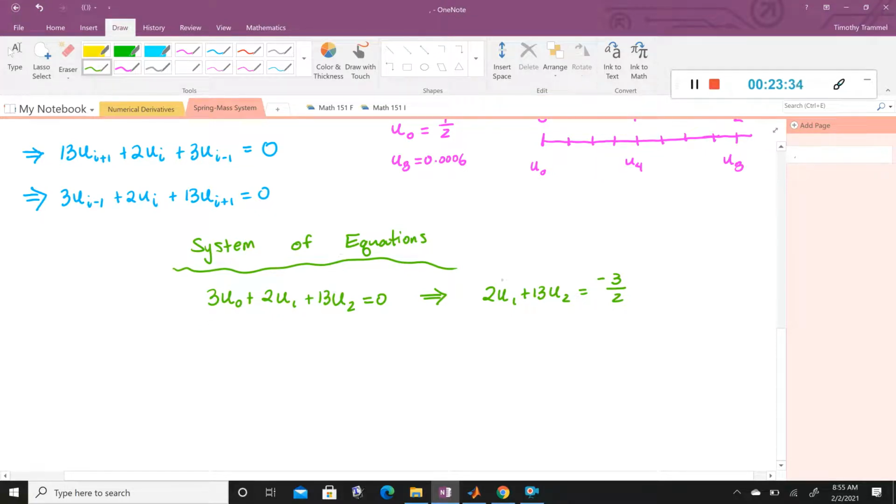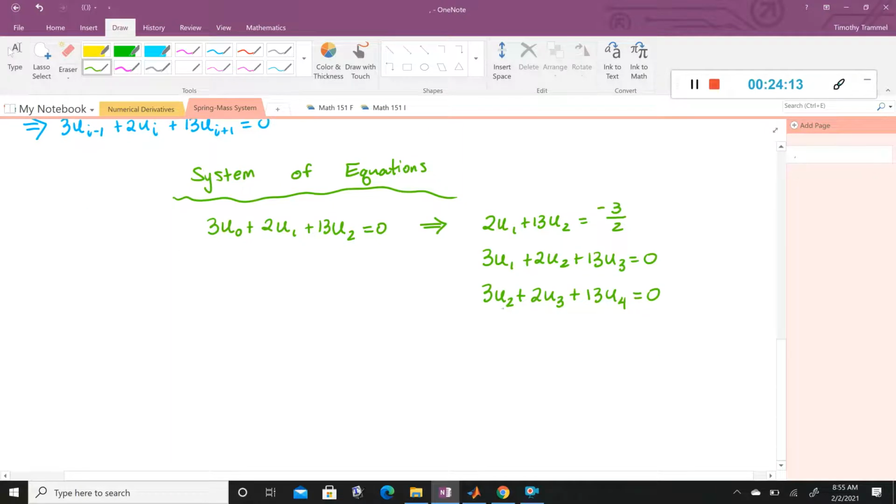And then the next equation, I'm just going to let the i's increase here. So the next one, we could start at 3 u1 plus 2 u2 plus 13 u3 is equal to 0. And then we'd have another one, 3 u2 plus 2 u3 plus 13 u4.